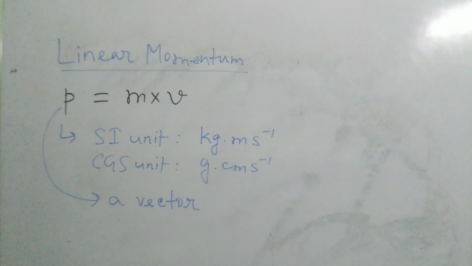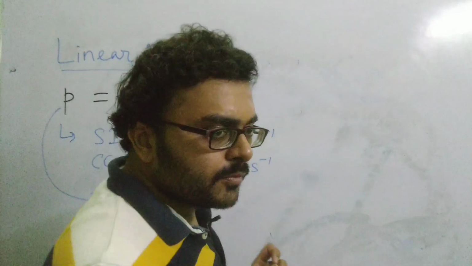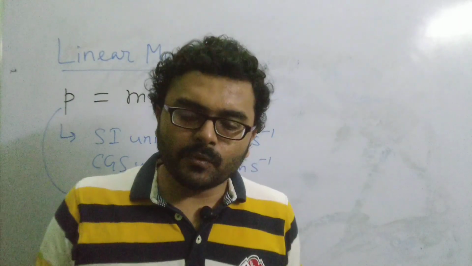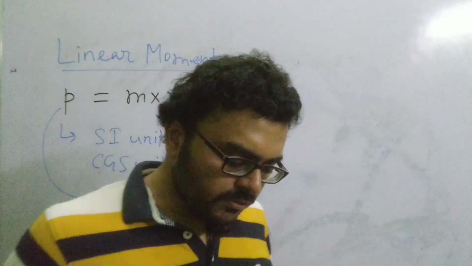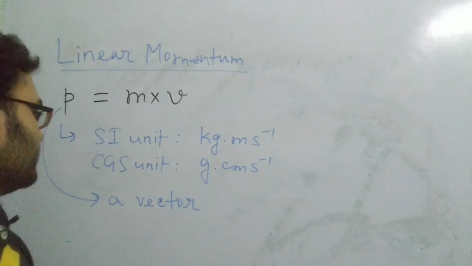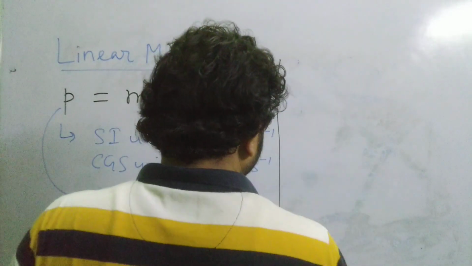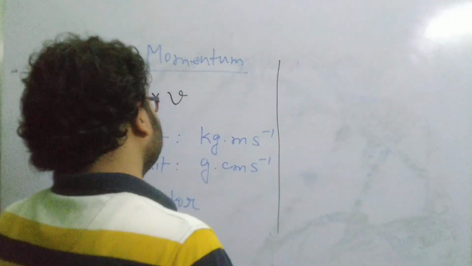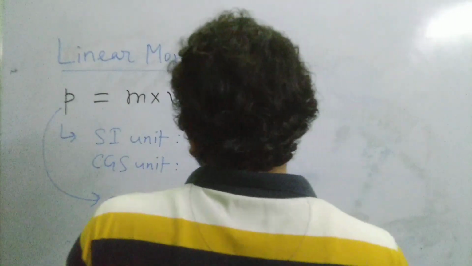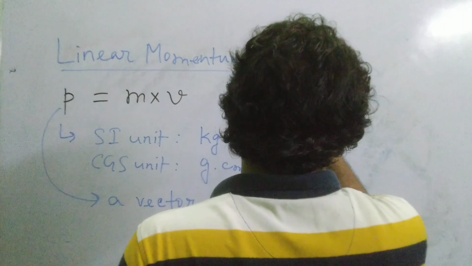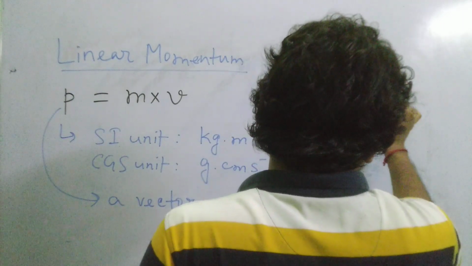So why are we talking of linear momentum? Because when we describe Newton's second law of motion, it involves momentum. Another thing that I want to tell you to conclude the class is what we mean by rate of change of momentum. When the momentum of a body changes in a certain interval of time, it is said to be the rate of change of momentum.